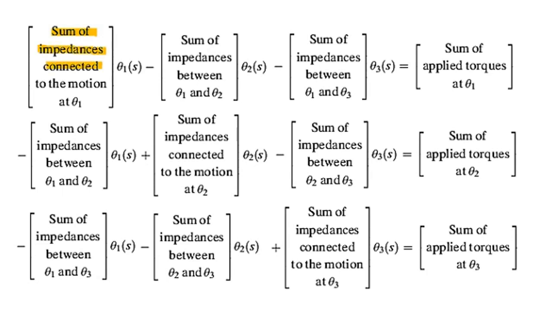For the first test point, the equation will be: sum of impedances connected to the motion at theta 1 multiplied by theta 1 of s, minus sum of impedances between theta 1 and theta 2 multiplied by motion of second test point, which is theta 2 of s, subtracting sum of impedances common between theta 1 and theta 3 multiplied by motion of third test point, which is theta 3 of s, and this will be equal to sum of applied torque at theta 1.